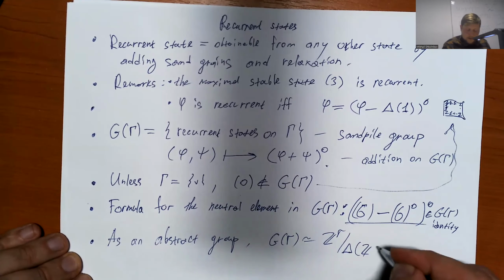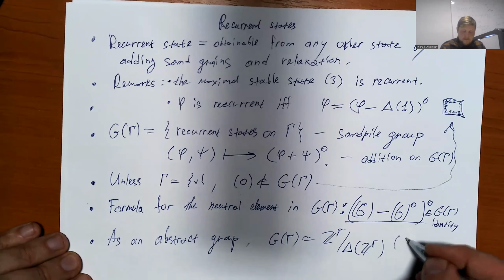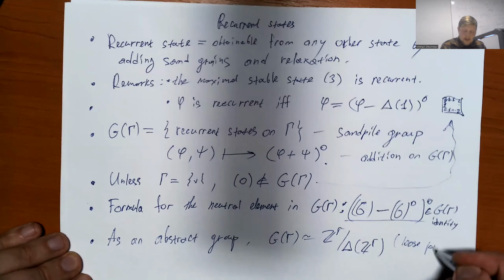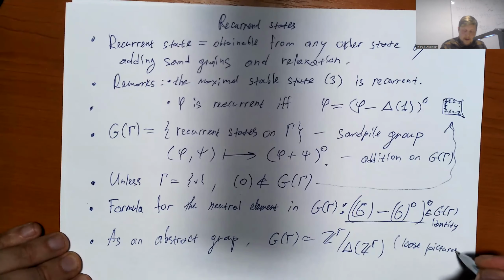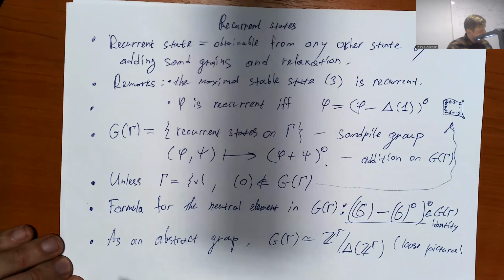So you quotient by the image of the Laplacian on all integral value functions, but this way you lose pictures. And here, for example, the identity element will be exactly the class of the zero element. So this is not very interesting, but sometimes it's useful to think of this isomorphism.